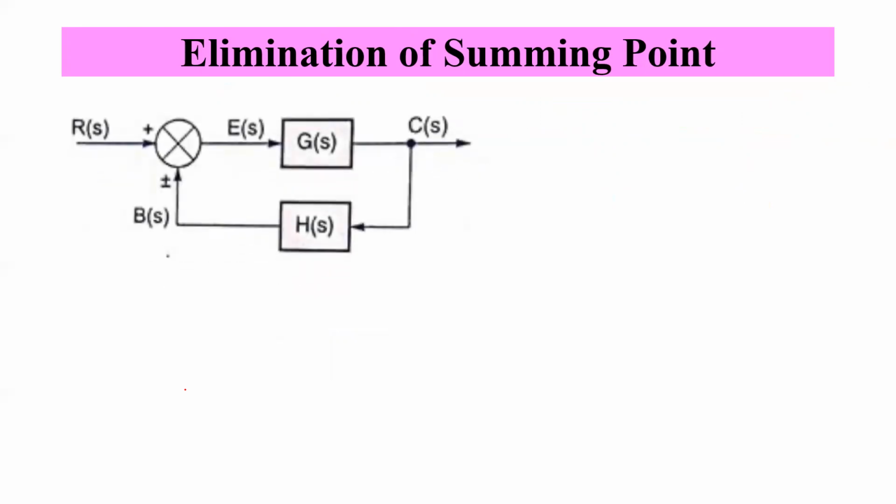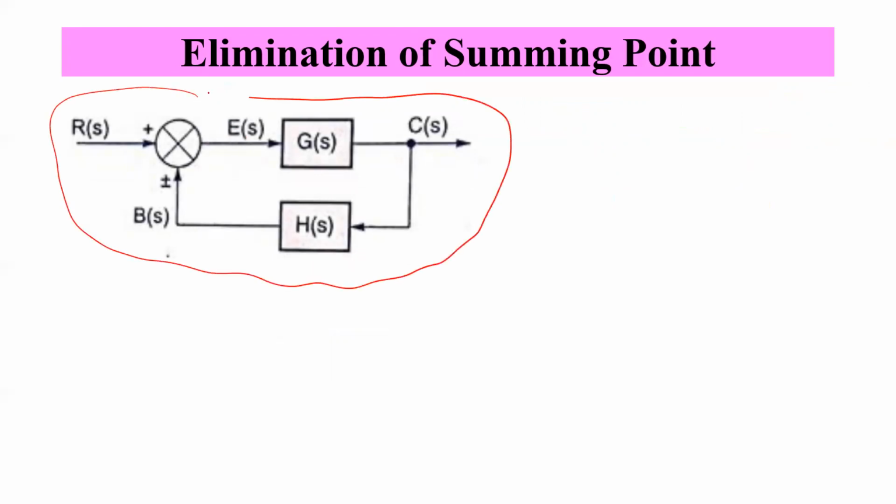Then if we have to eliminate the summing point, how will we eliminate it? For example, if you see such a representation in the given block diagram, you can simplify this representation into a single block. Now, if you observe this closely, you will find that this is a closed loop representation.